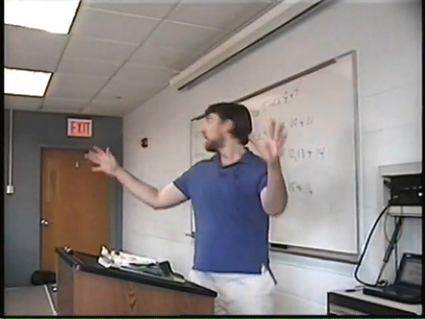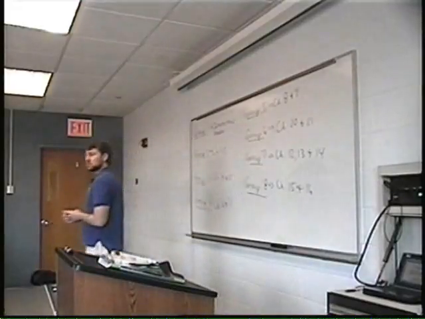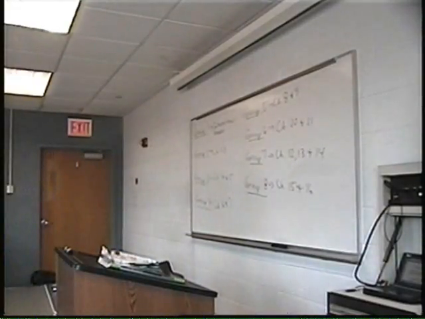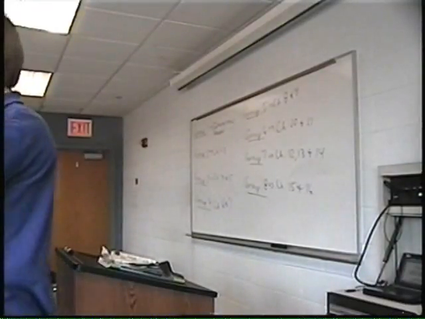Let's see. Group 2 has 3 chapters. Let's move you over here. You want to sit over here? So you guys are group 2. You guys have chapters 1 through 3 in the time buying. This is group 3.